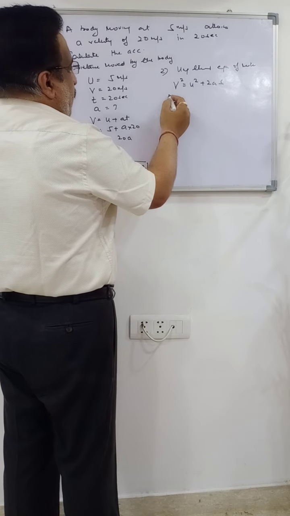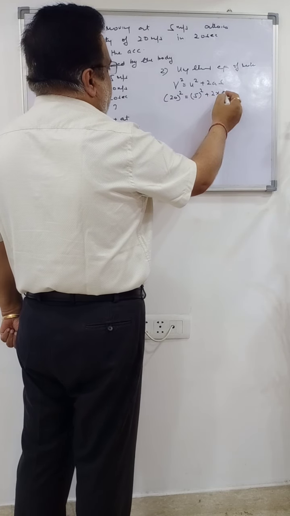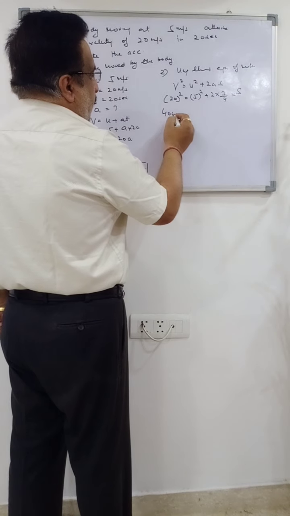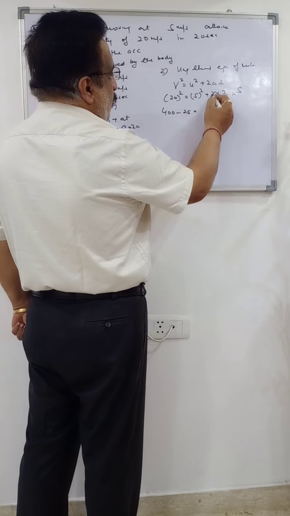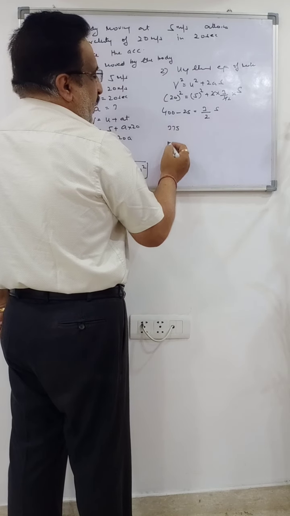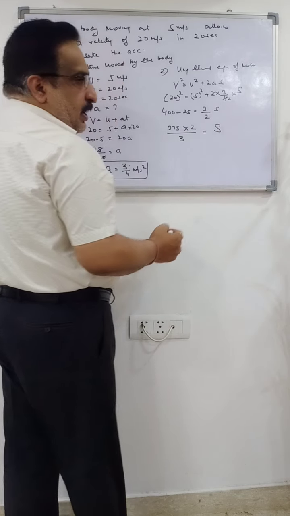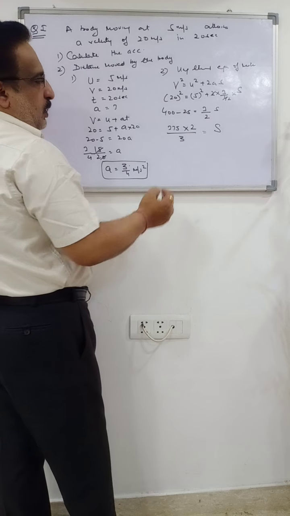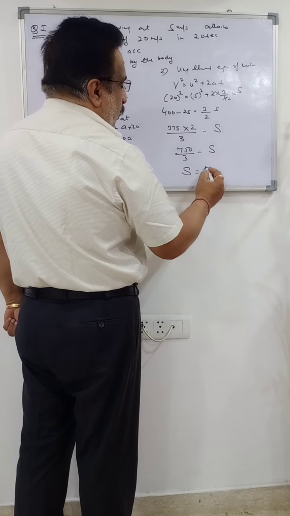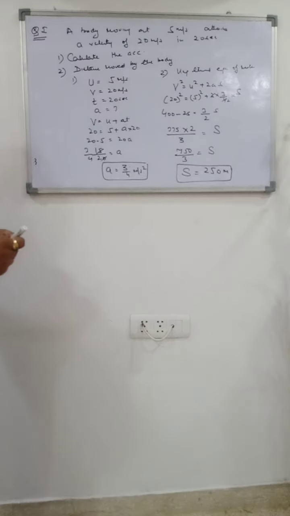What is V? 20. 20 square is equal to U square, 5 square, plus 2 into acceleration, 3 by 4, into distance S. 400 minus 25 is equal to 3 by 2 S. 375 into 2 upon 3 is equal to S. Am I right? 375 into 2 upon 3, that is 750 by 3, so S is equal to 250 meters.